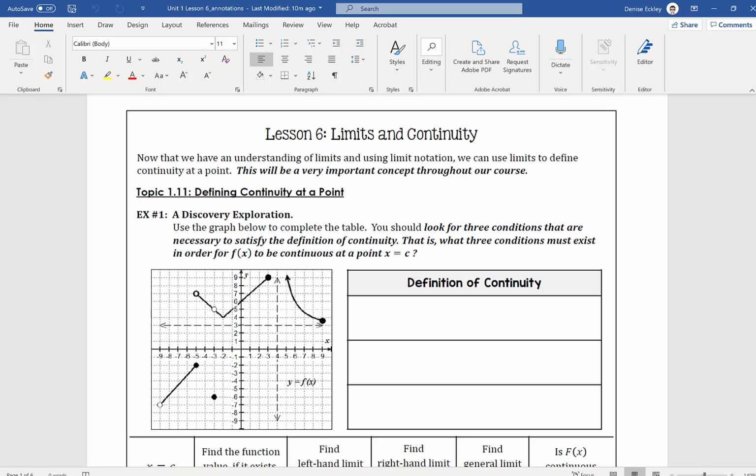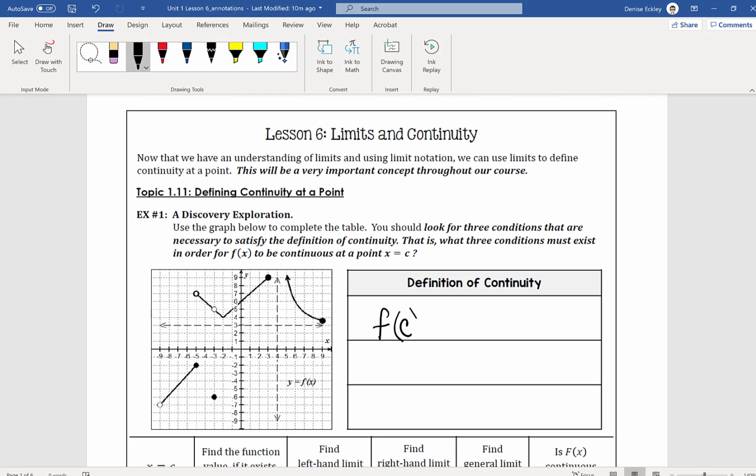Those 3 conditions are, first, that f of c is defined. There has to be a value at c for the function. The second is that the limit as x approaches c of the function equals some real value L, and that the limit exists.